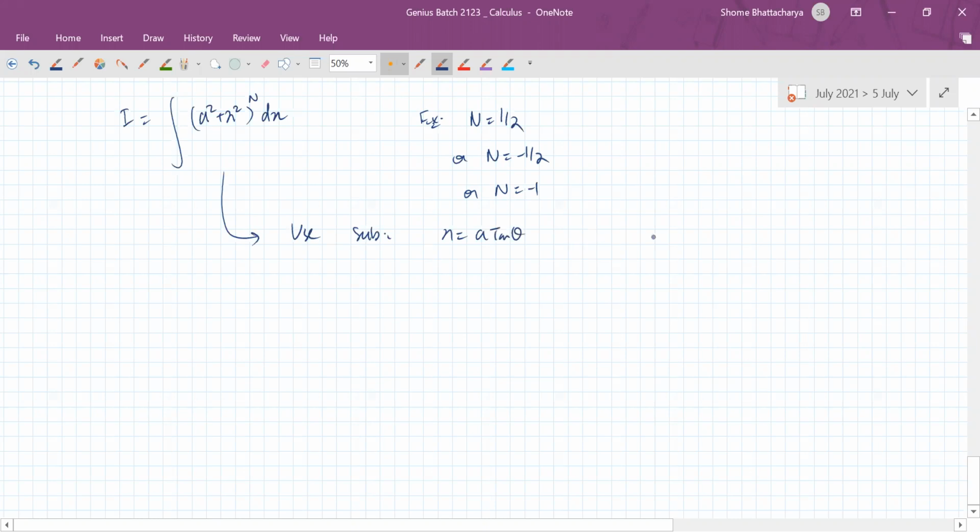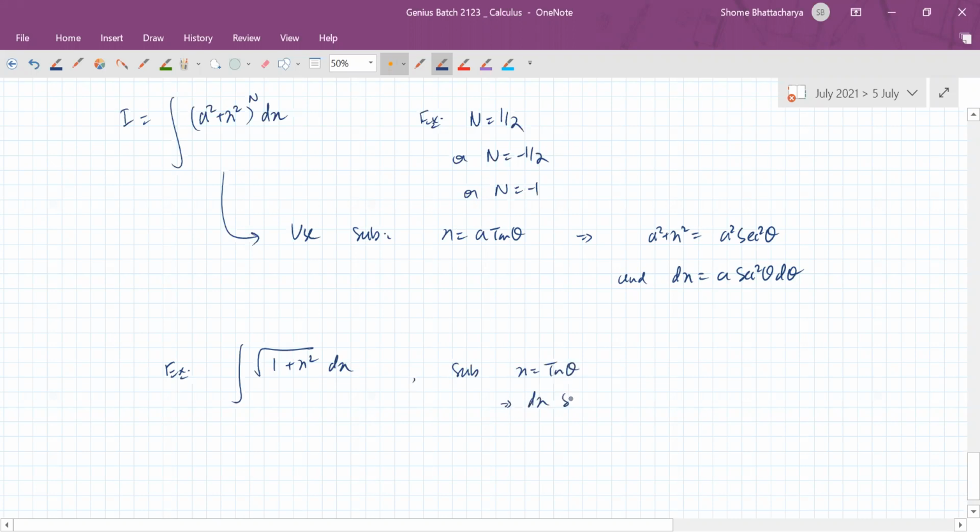Okay. So a square plus x square becomes a square sec square theta, and dx becomes a sec square theta d theta. So even for example, if we have something like square root of 1 plus x square, we can make use of this. Substitute x as tan theta in this case. Okay. So dx becomes sec square theta d theta.